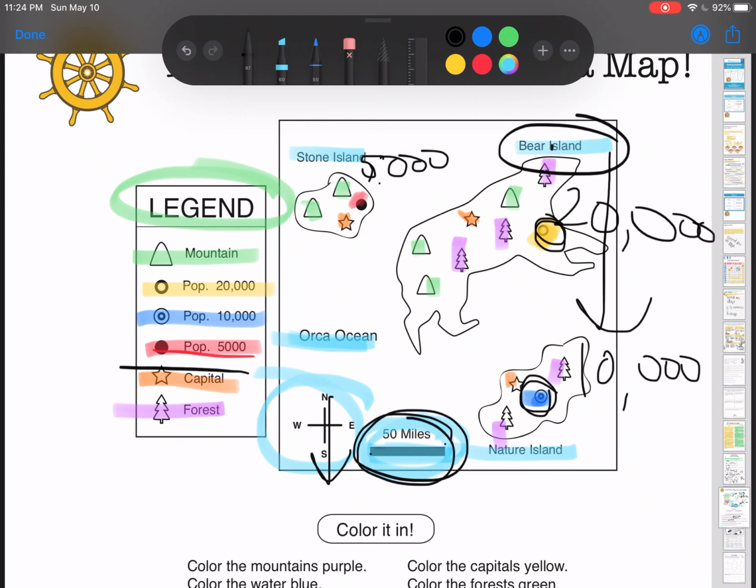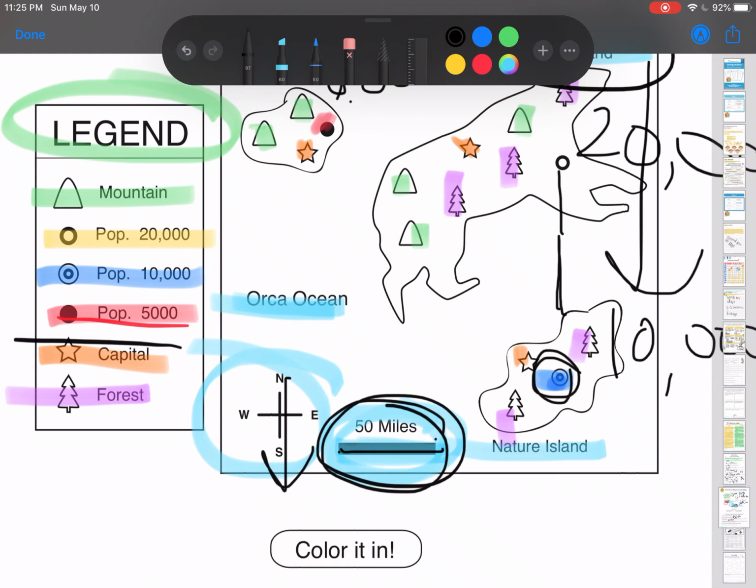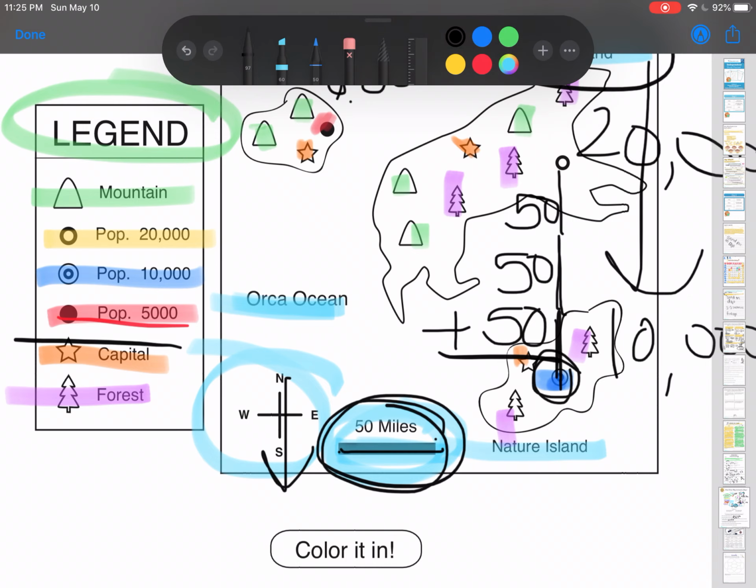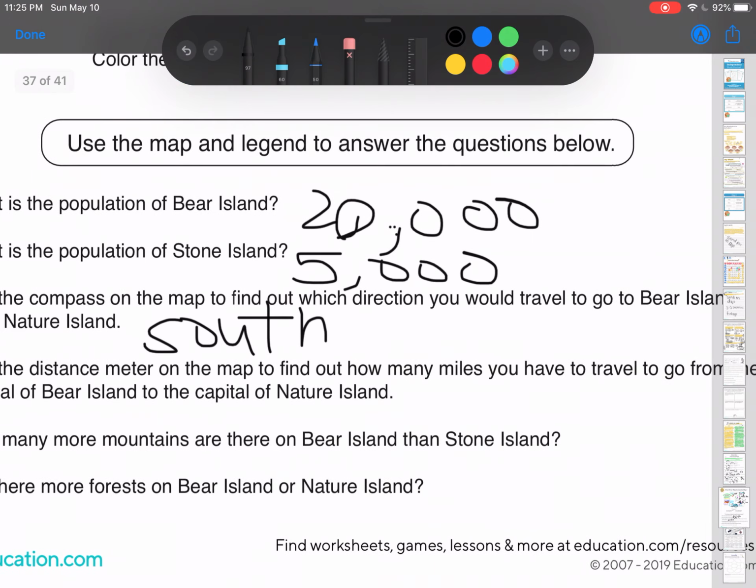About from here to here is 50 miles. From here to here is about 50 miles. And here to here. So this is 50, 50, and 50. What is 50 plus 50 plus 50? That is 150 miles.